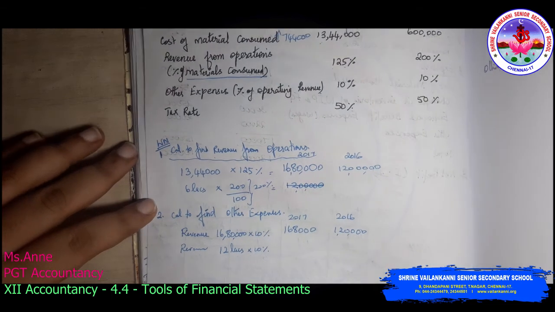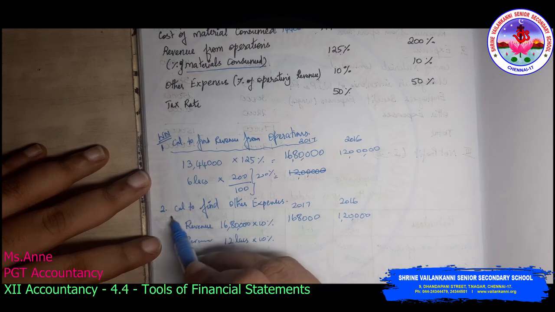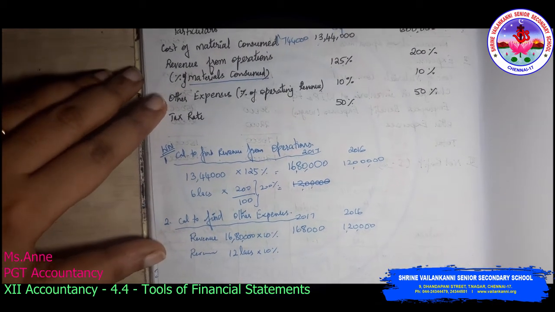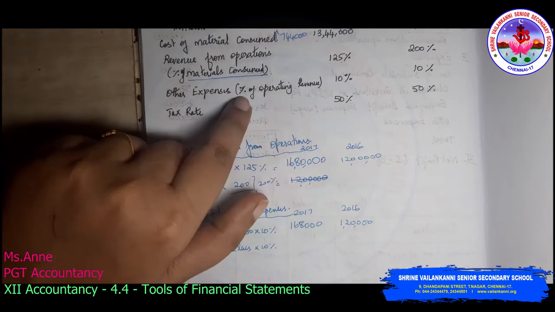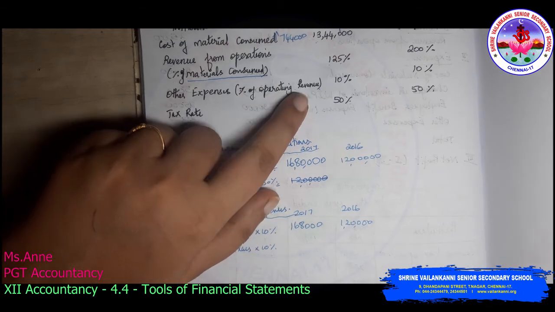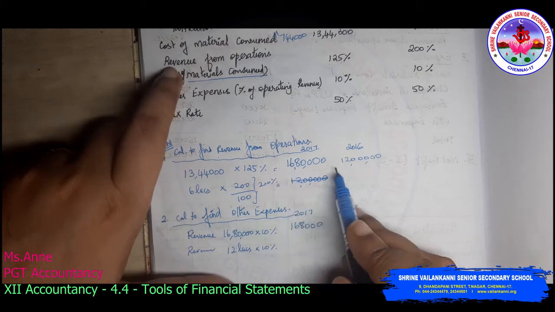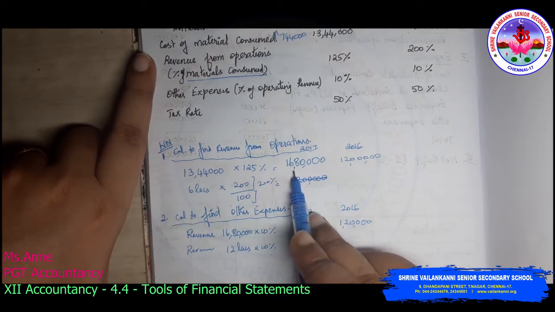Sorry if you are not able to see, just make sure that you understand this. Calculation to find out the other expenses. What is other expenses? Percentage of operating revenue is 10%. What is operating revenue? Nothing but revenue from operation. Just now we have found the revenue from operations. For 2017 it is 16,80,000.